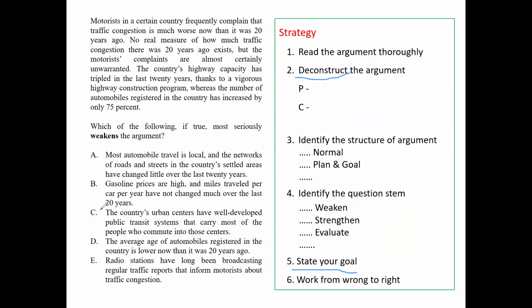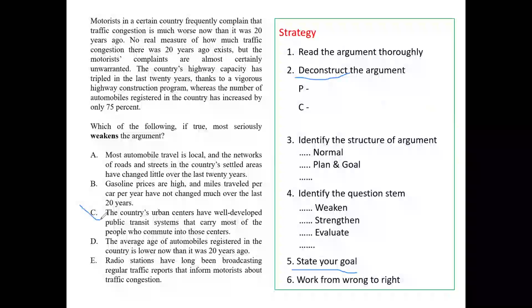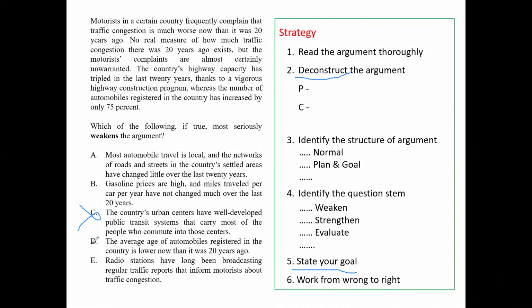C answer doesn't prove that there is traffic congestion, so C cannot be correct. D answer doesn't say that there is a traffic congestion problem, so D cannot. This is how you eliminate the wrong options first, and whatever you are left with is the correct answer.